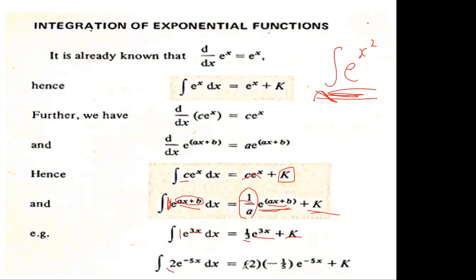You could have written divided by minus 5. Dividing by minus 5 is the same as multiplying by minus 1/5. Kind of put a little funny here. So you are dividing by the derivative of what's up there. Follow this one?